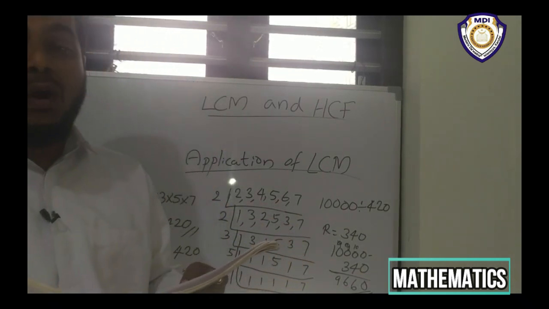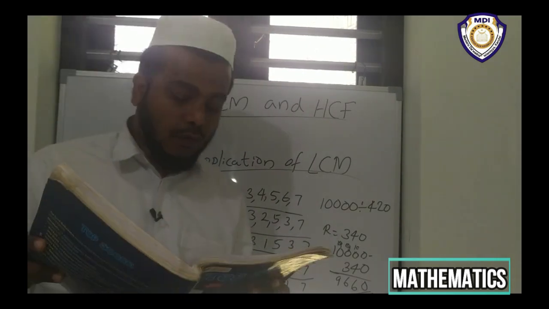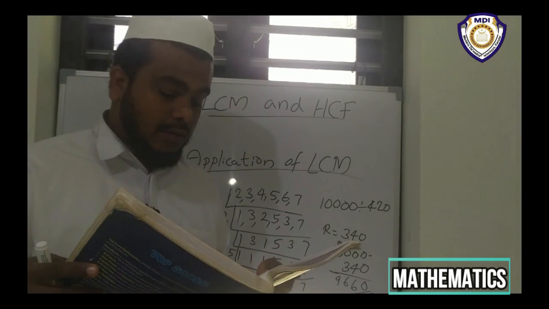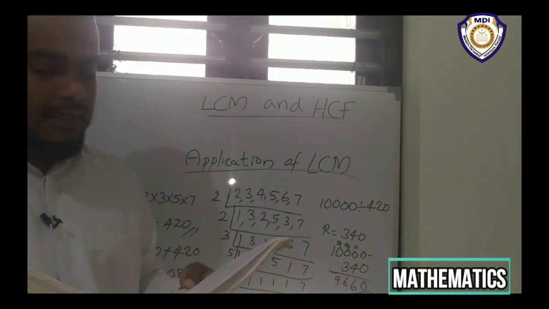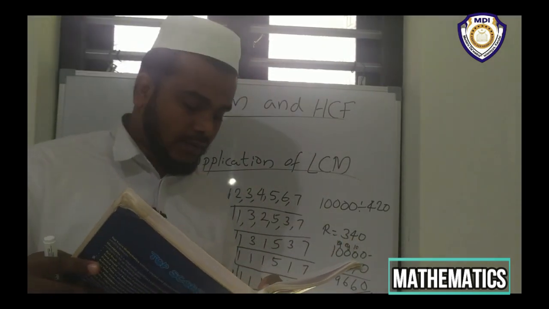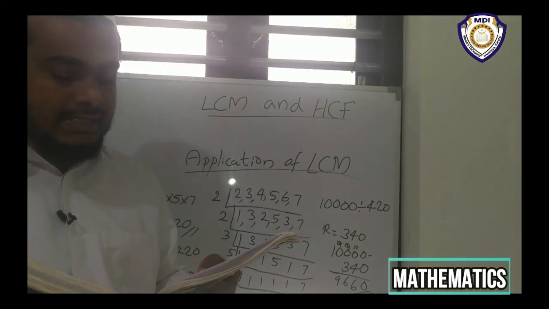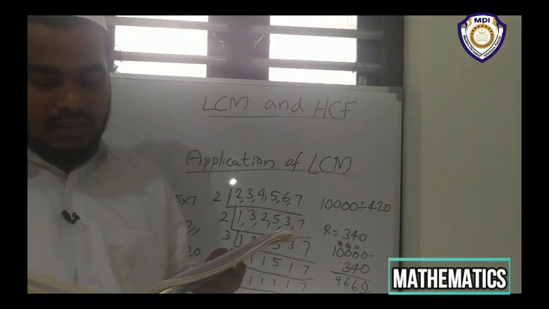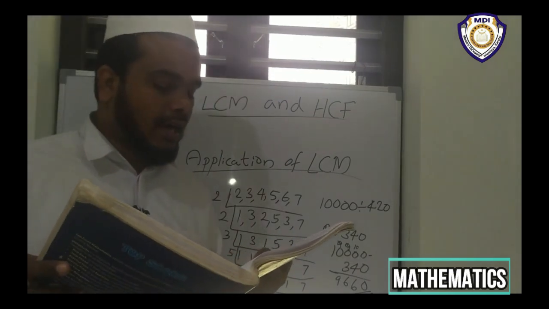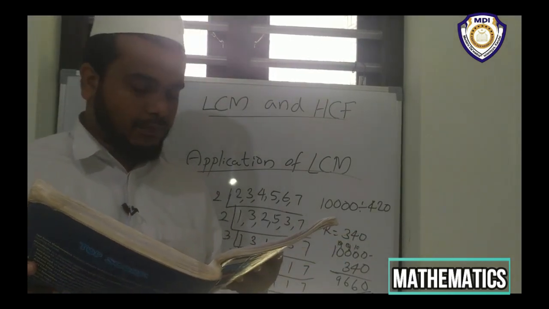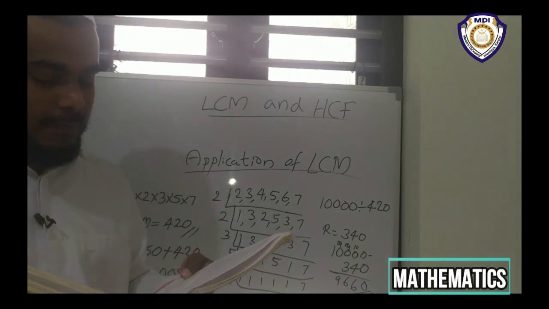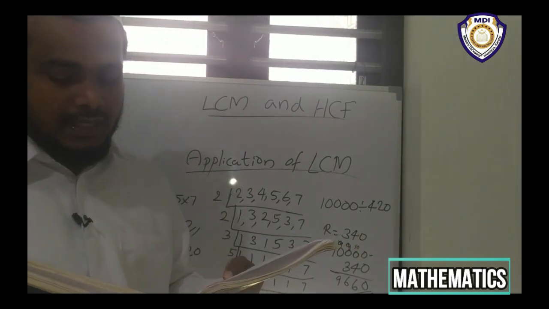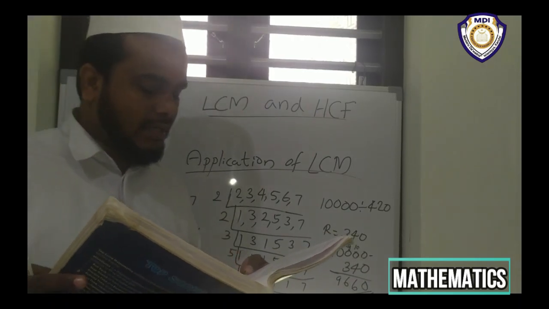Exercise 4.1. Find the LCM of the following. There are a number of questions to find LCM. Second question: find the least number which when divided by 15, 20, 25, 30 and 35 leaves remainder 7 in each case. Third: find the smallest number which when divided by 15, 25 and 35 leaves remainder 5 in each case.